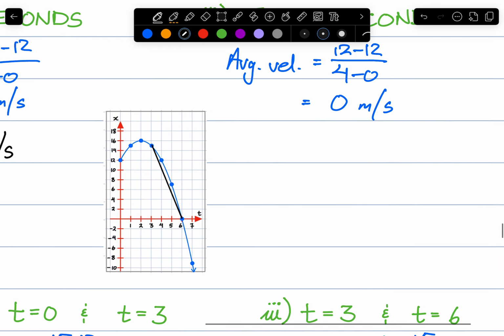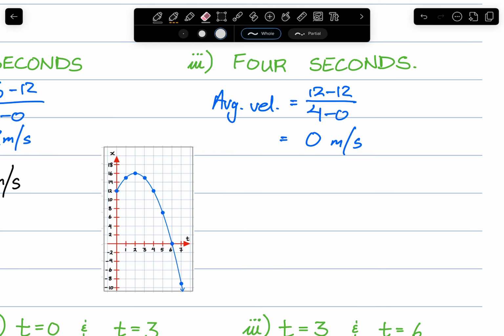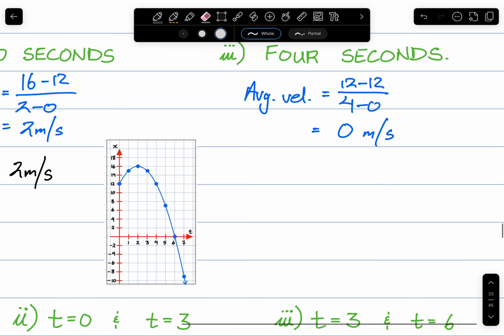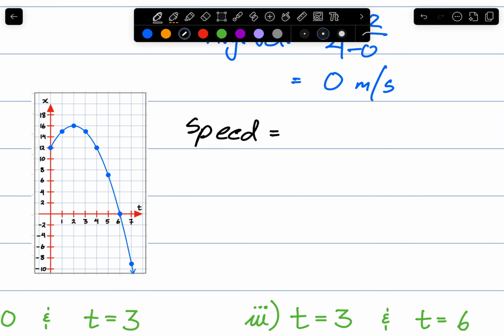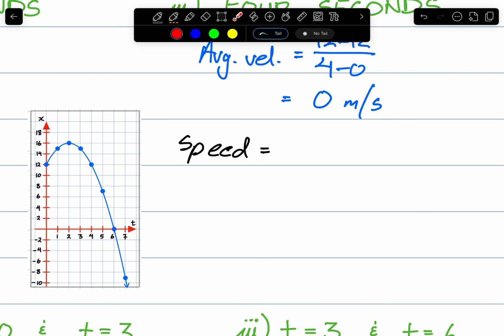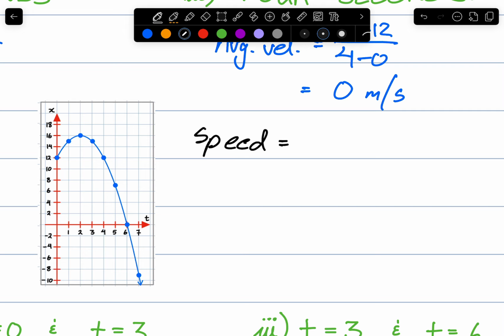And take a close look at the difference in the first 4 seconds. Now for the speed, remember, it is the total distance covered in the time. So in the first 4 seconds, it went from 12 to 12, but that's displacement. Take a close look. It went from 12 up to 16.